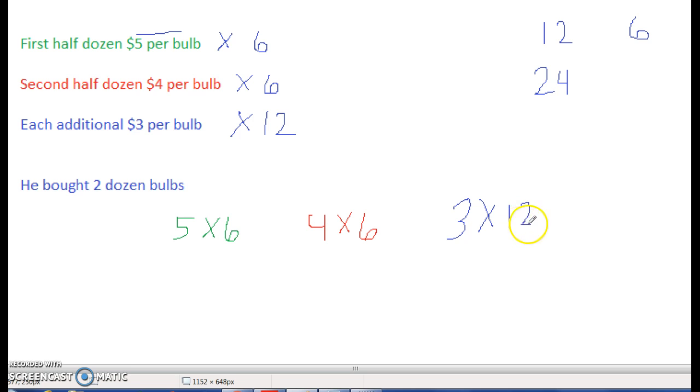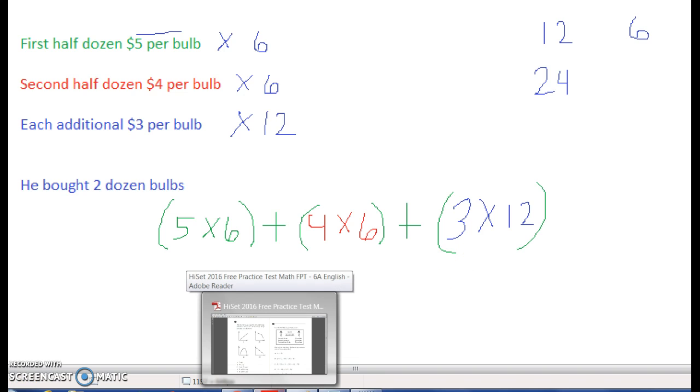So to get the total amount that he spent on all of these, we're going to have to add these together. We're going to take all 3 of these sets of numbers, and they're all going to be added together. So we take 5 times 6, add it to 4 times 6, and add that to 3 times 12. That's how you would solve this problem.